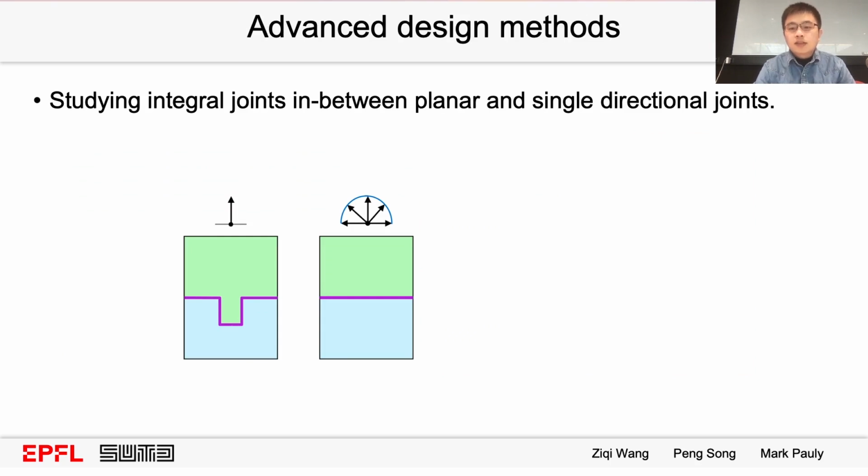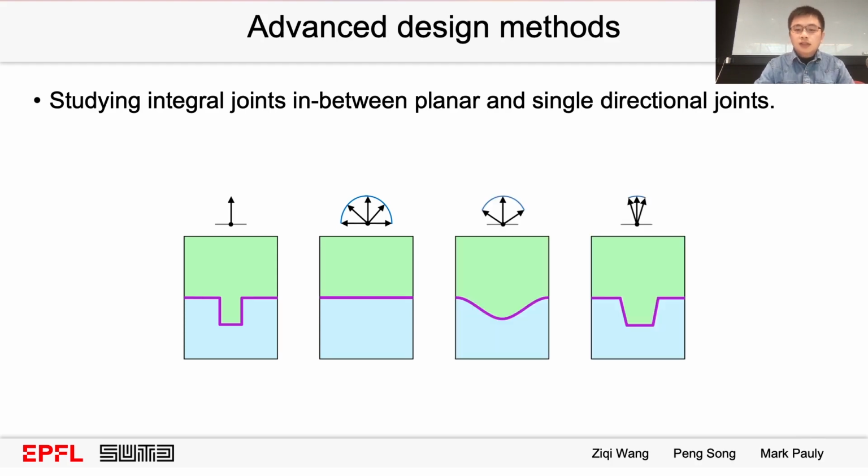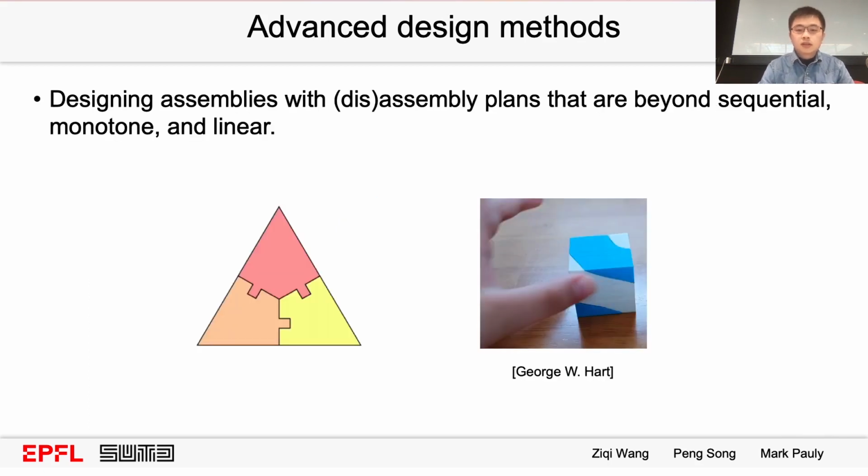Advanced design methods can be studied by exploring several aspects of assemblies in a novel way. First, existing design methods connect parts by using either integral joints that allow a single part removal direction or planar contact that has limited capacity to restrict part motion. Studying integral joints in between these two extremes, as well as how they facilitate designing assemblies, would be an interesting topic for future exploration.